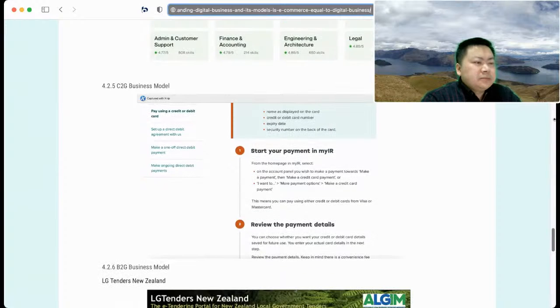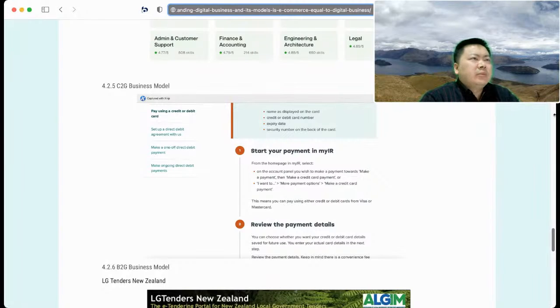C2G, this one, I haven't heard about it before. The lecturer says that if you pay a utility bill or pay tax on a government website, then it is a C2G business model. But to me, I find that quite difficult to comprehend, because the government owns that website, right?